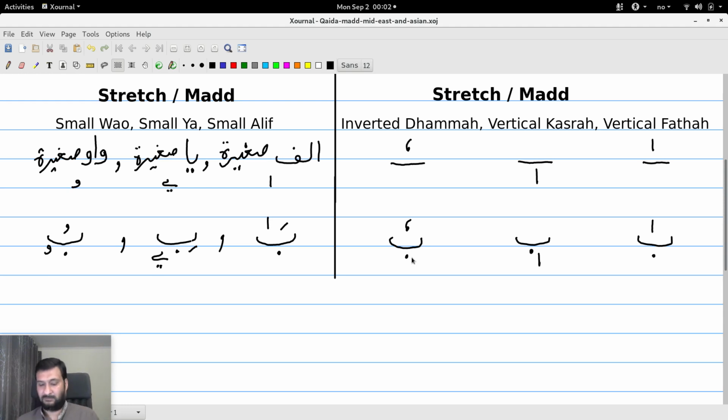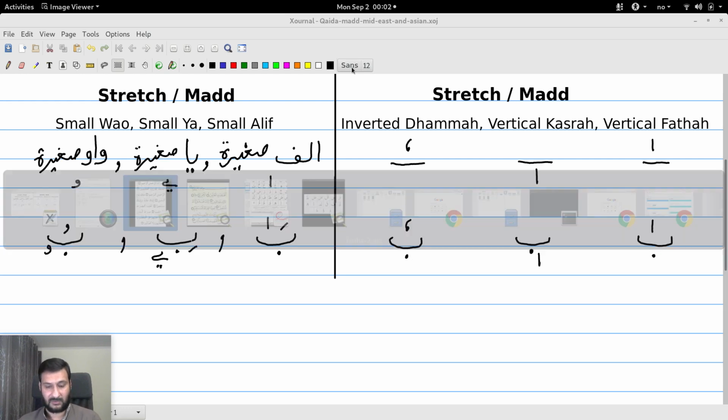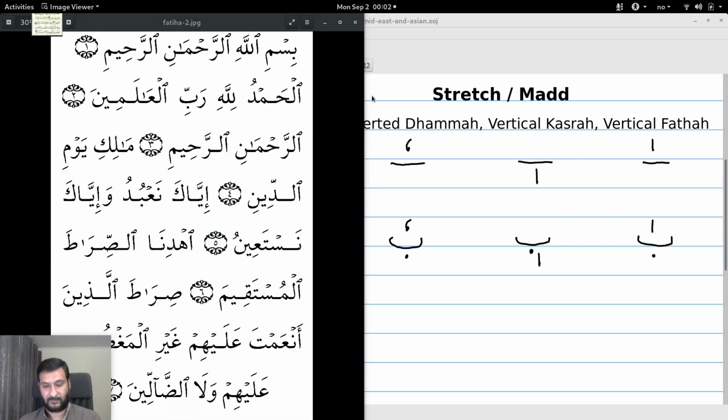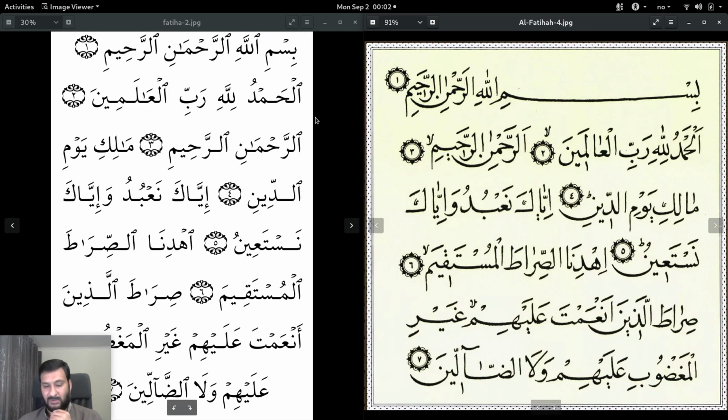And I'll give you an example also, the same example I used to explain the difference between Nasakh and Nasta'liq. So let's start from Bismillahir Rahman. You know this is pronounced Bismillahir Rahmanir Rahim.